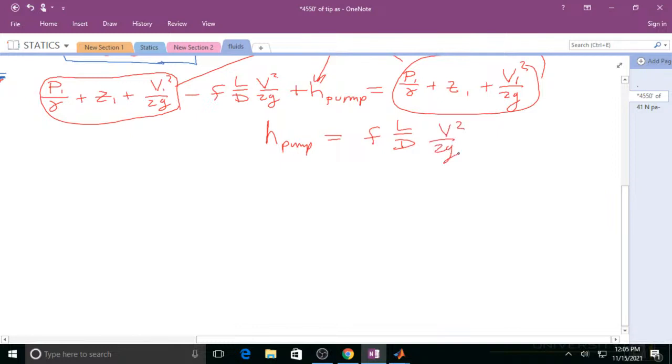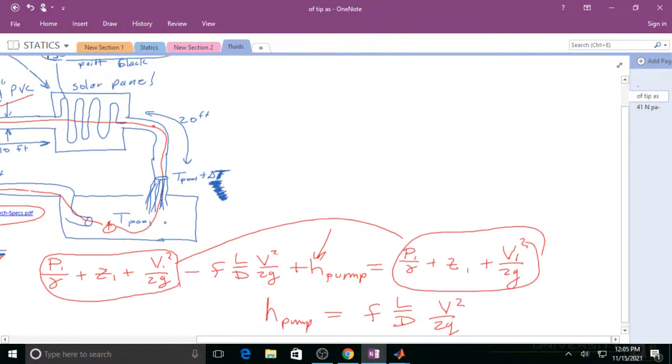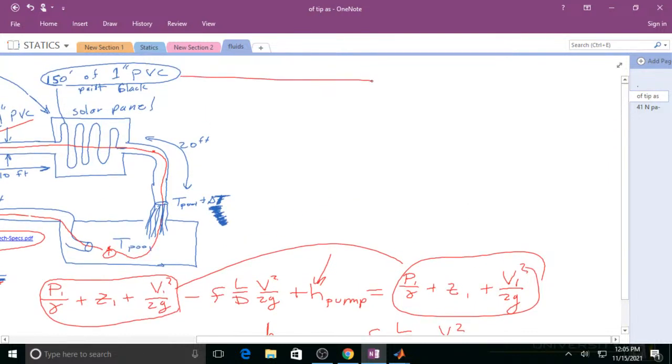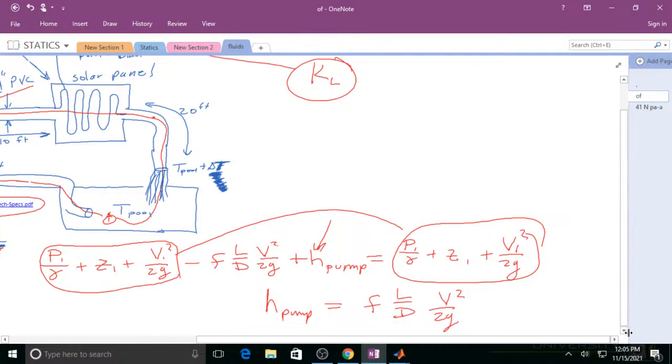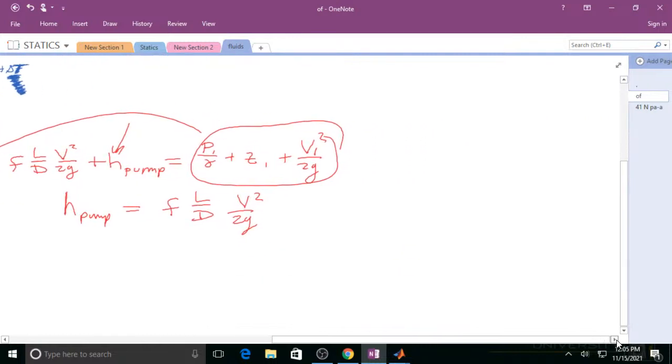What I did is I said that essentially the solar panel itself has 150 foot of 1-inch PVC pipe winding back and forth through it. You might also find it has a K_L, a loss factor. And if you had a loss factor here, all you would do is take the sum of all the loss factors times V squared over 2g.